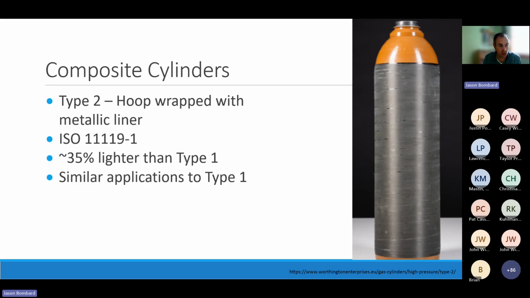These are typically made to an ISO 11119-1 spec. They are roughly 35% lighter than type 1 for a similar pressure rating cylinder. And the applications are basically the same. If you can use a type 1 cylinder, typically use a type 2 as well.